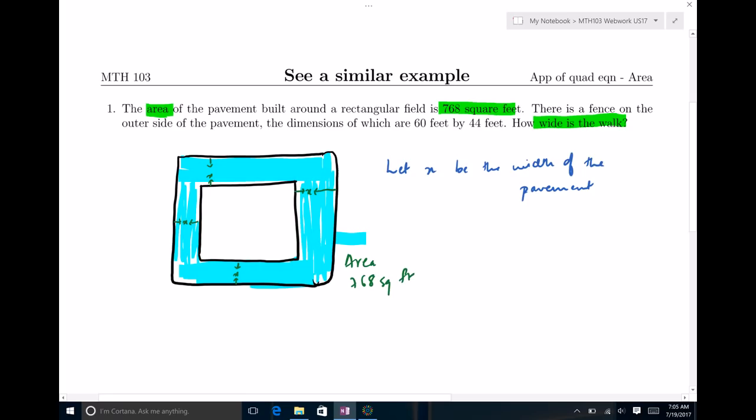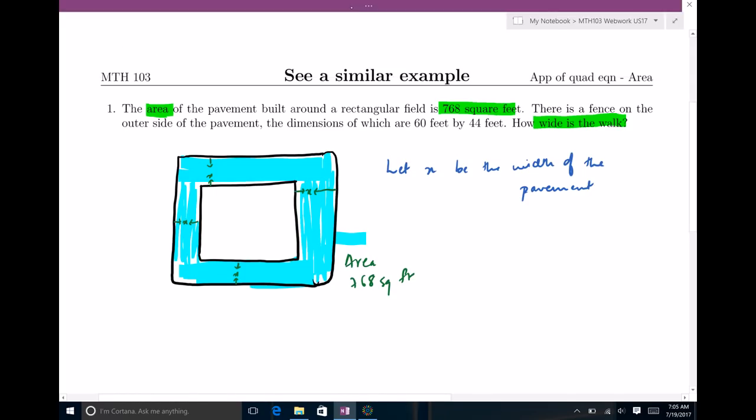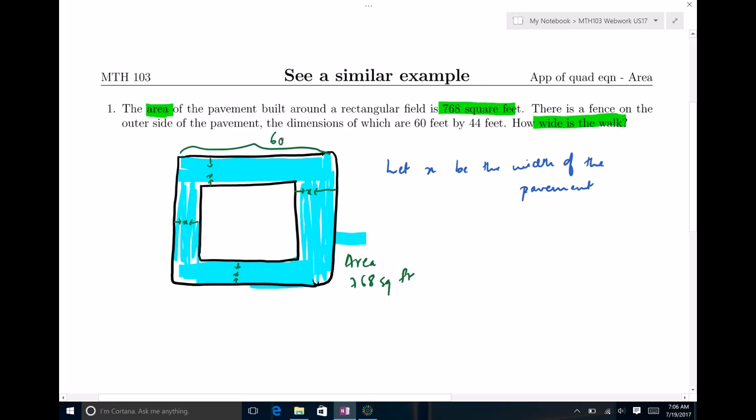I also know that there's a fence on the outer side of the pavement, so that's this outer part of the pavement, and the dimensions of which are 60 feet, so the longer side is 60 feet, and the shorter side is 44 feet. Okay, that's all the information I have, and I need to figure out what this width is.